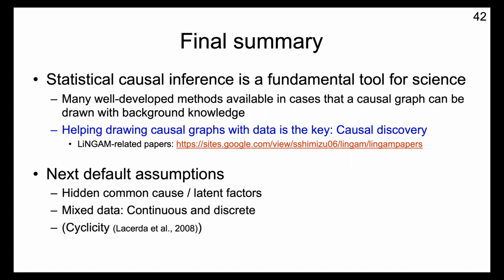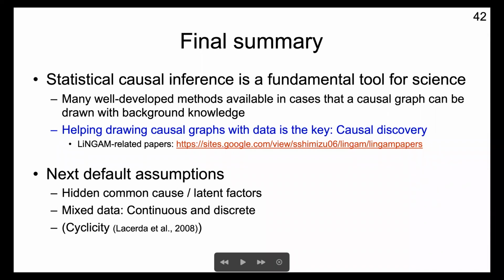In statistical causal science, many well-developed methods are available when we can draw causal graphs with background knowledge. However, we do not always have sufficient background knowledge, so we can use data to help draw causal graphs.